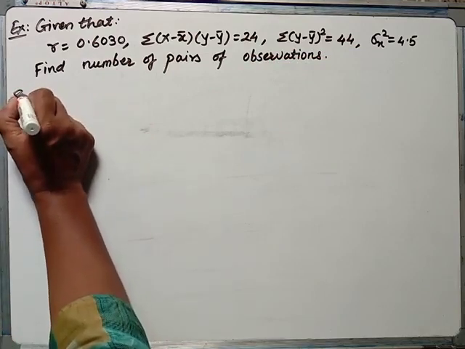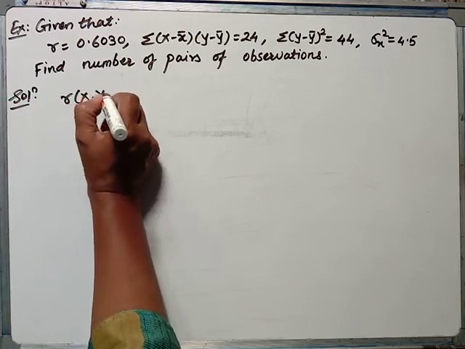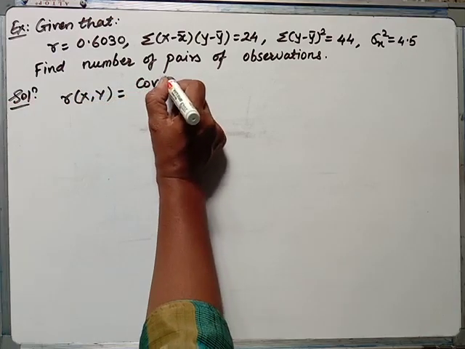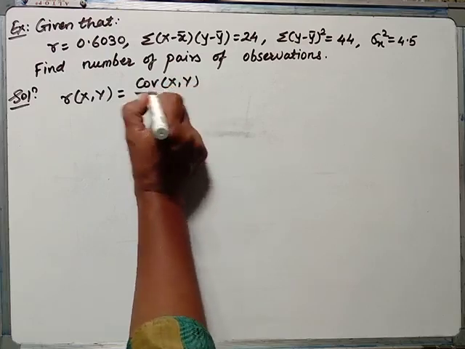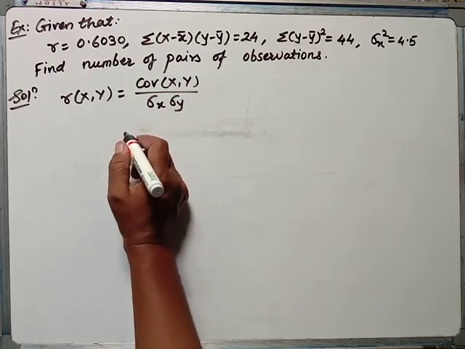Okay, solution. R is the coefficient of correlation. This is covariance between x and y upon what? Sigma x into sigma y.